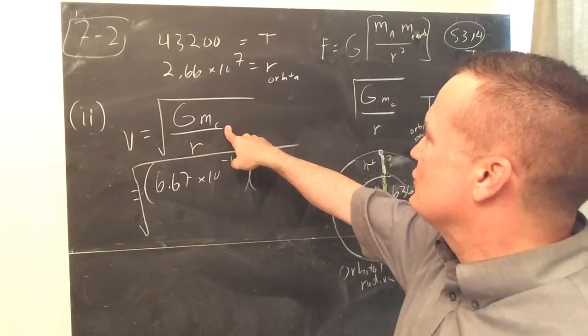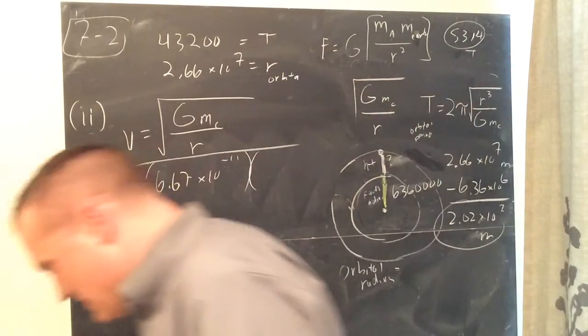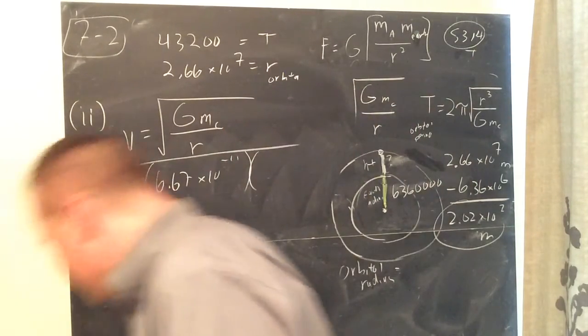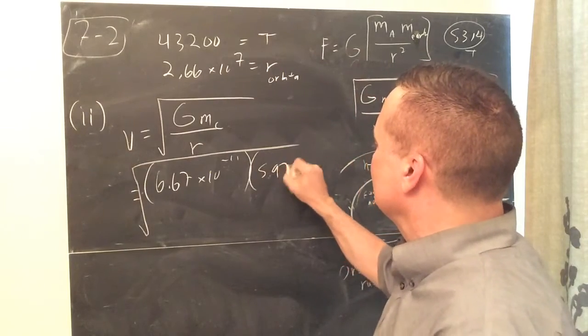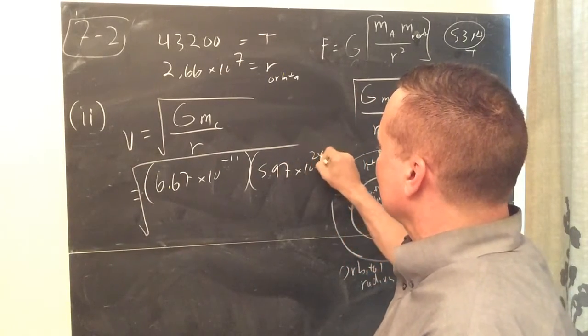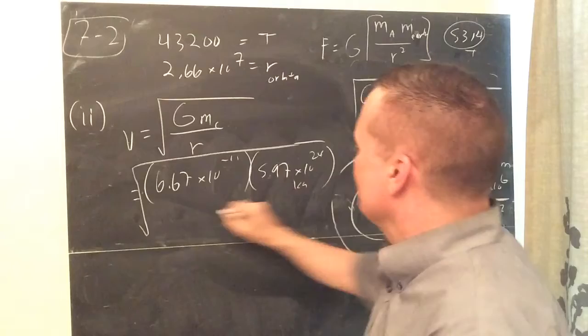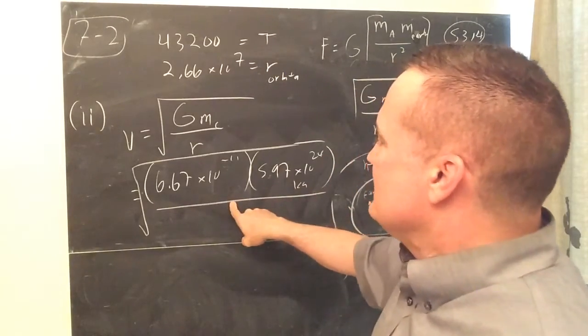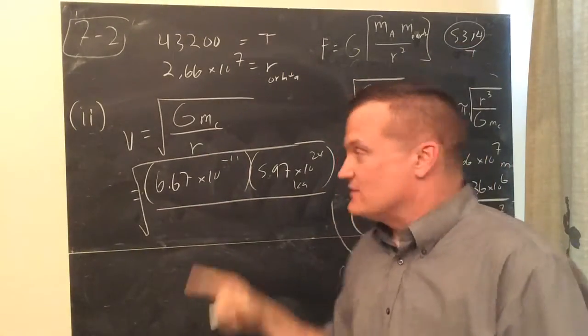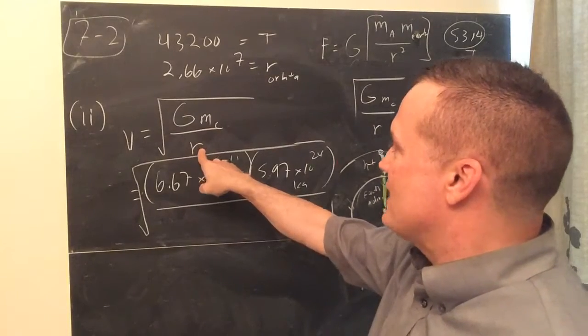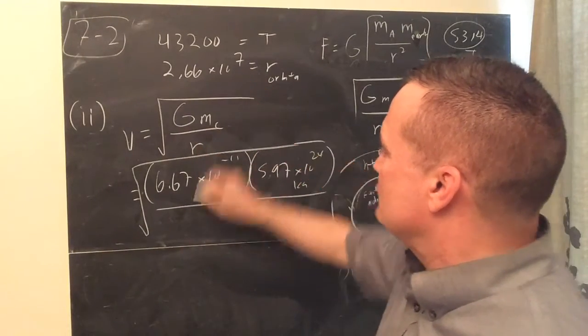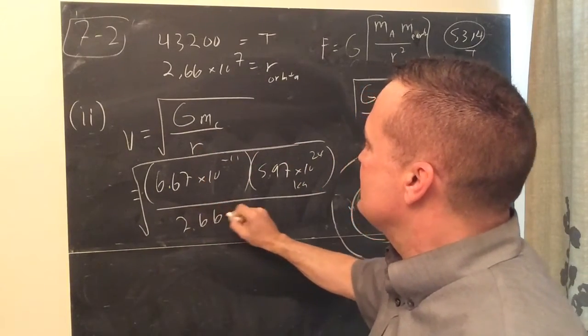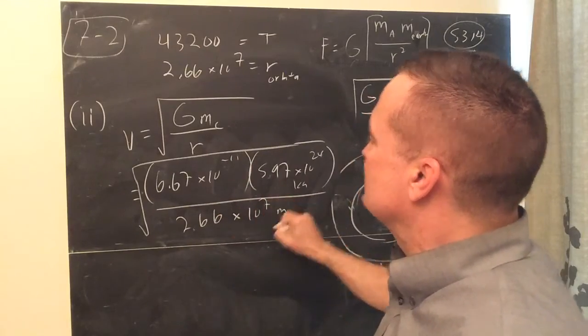The mass of the Earth, same thing it's been in all the problems, is 5.97 10 to the 24th kilograms. And the radius has to be the orbital radius, the one that we found a moment ago, 2.66 10 to the 7th meters.